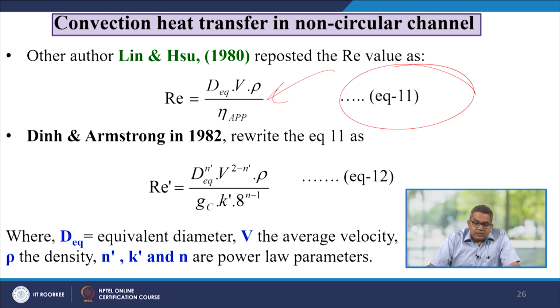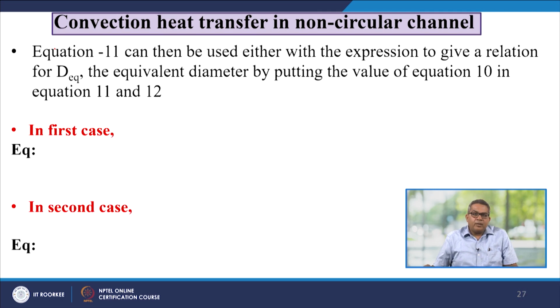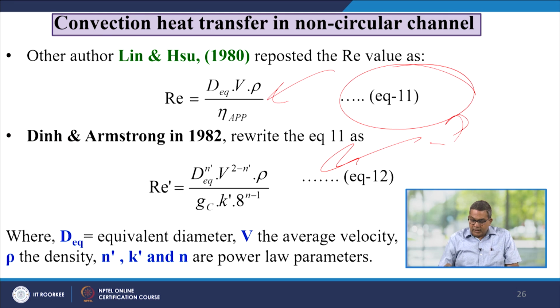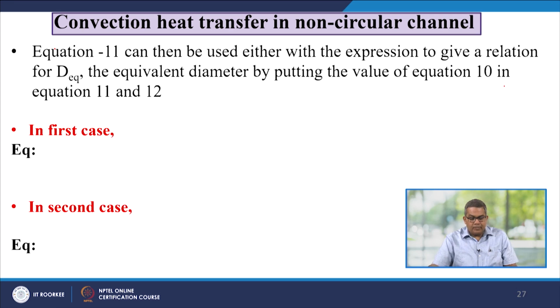Other workers rearranged this equation in this particular form, where D equivalent is the equivalent diameter, V is the average velocity, rho is the density, and eta and k are the power law parameters. Now, this equation 11 can be used with the expression to give a relation for equivalent diameter, by putting the value of equation 10 in equations 11 and 12.